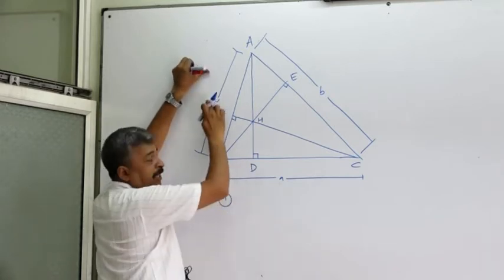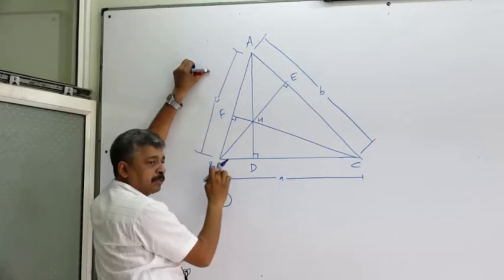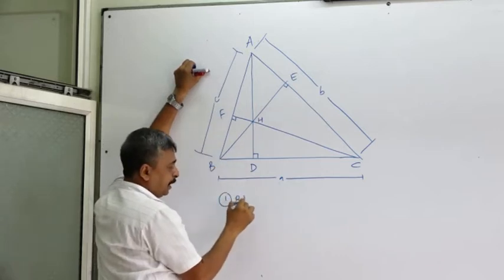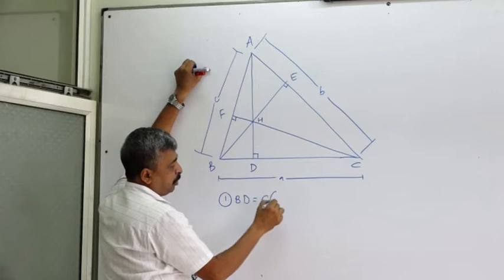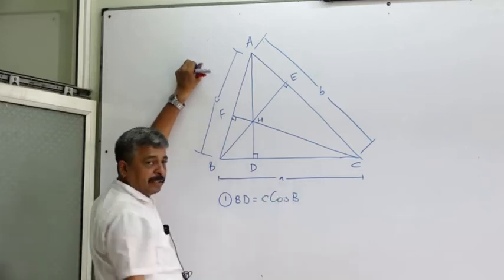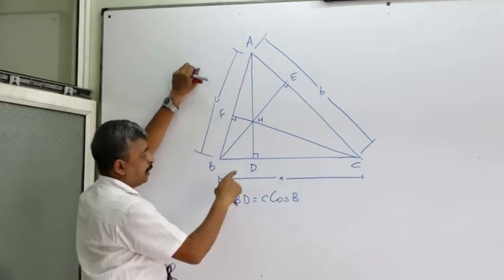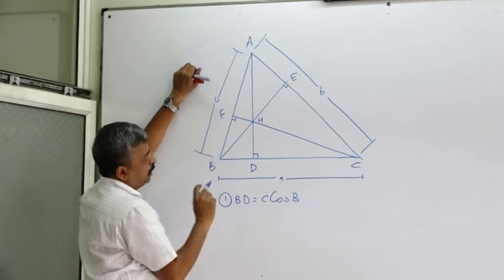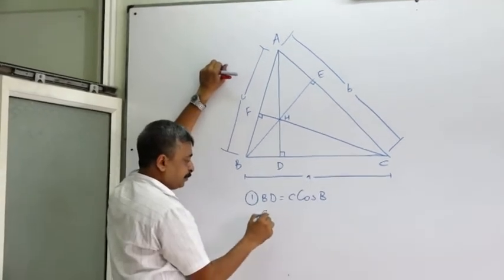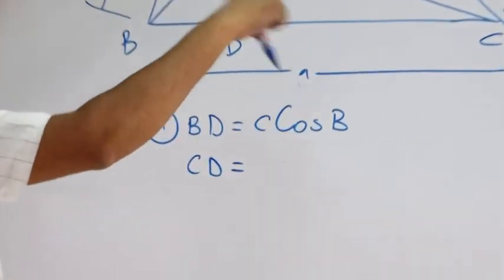It is C cos B. Is that right? Understood? So if BD is C cos B, what is CD? B cos C.